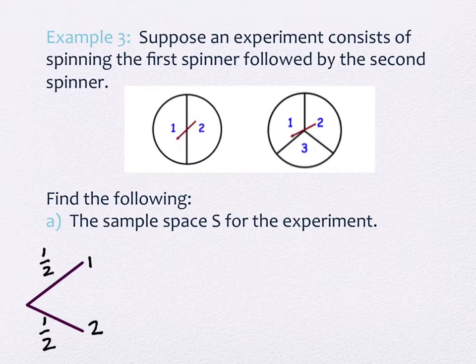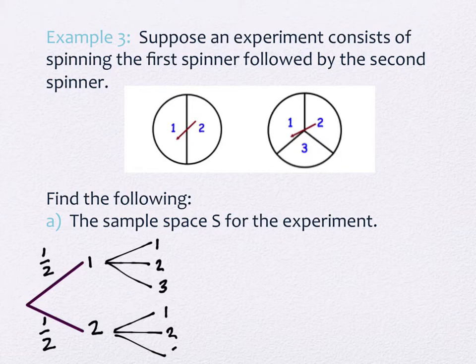And then after I spin the first spinner, I spin the second spinner, and it has 3 outcomes, a 1, a 2, and a 3. And what's the likelihood of those outcomes? Yeah, they're all 1/3 because, again, it's evenly divided. So this is what a tree diagram would look like for this experiment.